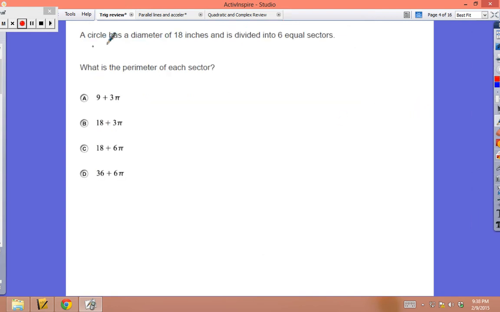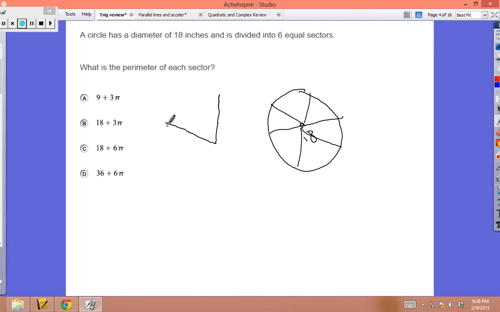Okay, a circle has a diameter of 18 inches. So that's the dead center. And it's divided into 6 equal sectors. And they want the perimeter of each sector. So it looks kind of like an ice cream cone. So if the diameter is 18, each of these are going to be 9.